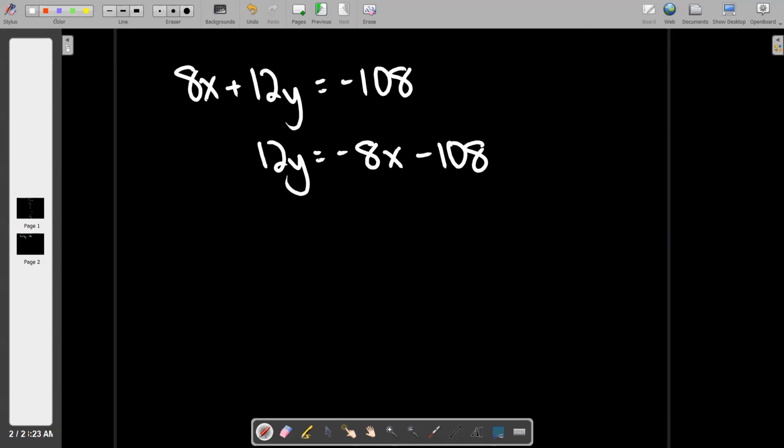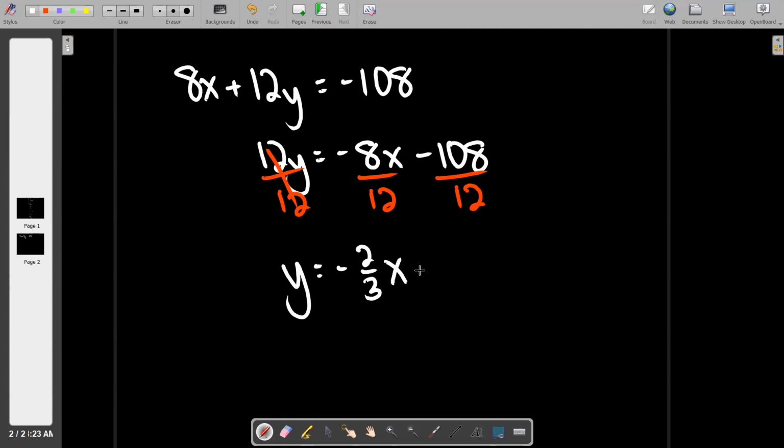Then what'd you do? Okay. And so we get y equals. So what's your slope going to be? Negative, negative 2/3 of x minus 9.